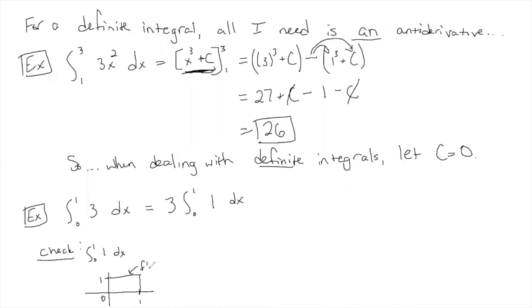So it's f of x equals 1. So I just count up this area because I'm living between 0 and 1, because that's what the integral tells me. And of course, this is just a rectangle, or in this case, really a square. So it's 1 times 1. So I should expect that my answer here is 1, which means that I get 3 times 1. So I should expect my answer to be 3. So I should expect a 3 out here.